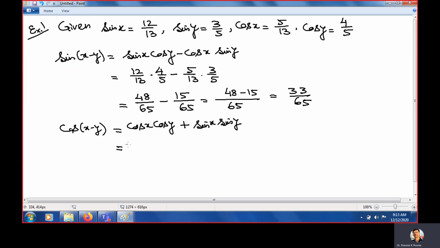Okay, so cos x is 5 upon 13, cos y is 4 upon 5, plus sin x is 12 upon 13, and sin y is 3 upon 5.